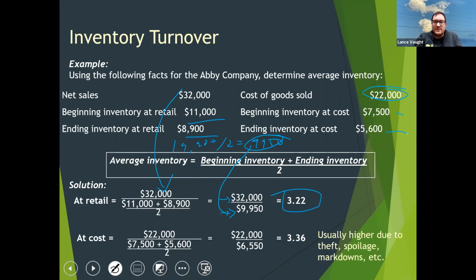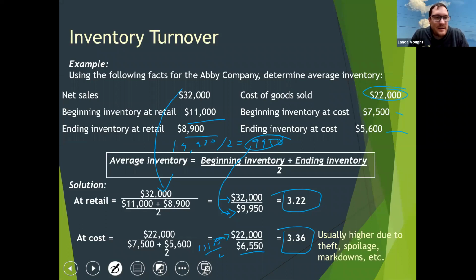We take the average of that, so 7,500 plus 5,600 is 13,100. Divide that by 2, and you get 6,550 as your denominator. Our cost of goods sold is 22,000, so we take 22,000 divided by 6,550, and it turns out that using the at cost method implies that we turn over our inventory 3.36 times per year.